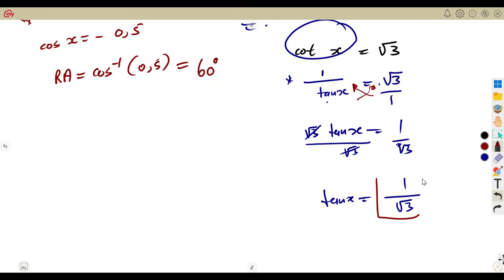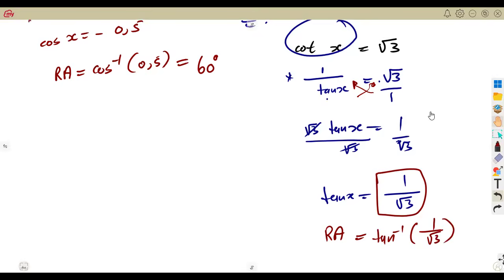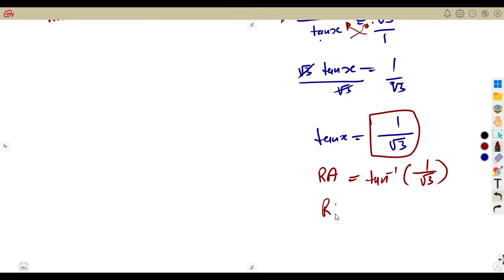This is the one now where you find the reference angle, because tan is known on our calculator. So the reference angle is arctan of 1 over the square root of 3. It's already positive, so there's no need for us to change anything. That was going to give us a reference angle. And if you check your calculator, that answer will be positive and also an acute angle, always.